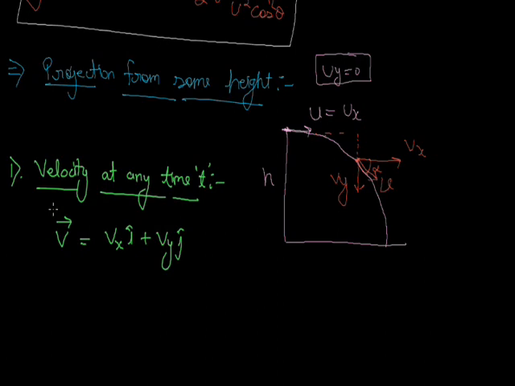Now for finding this V, we have to find Vx and Vy. We know in projectile its horizontal component remains the same, means Vx is equal to Ux, and Ux is equal to u. So Vx is equal to u.